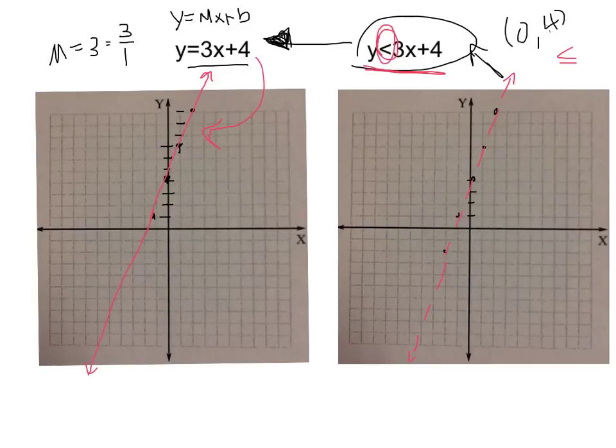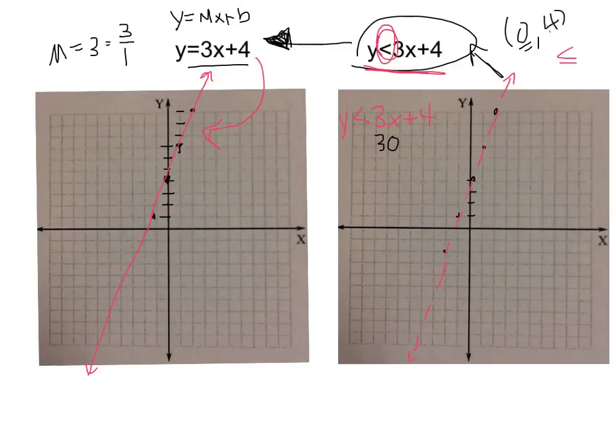So let's first of all choose this point (0, 4). It's on the line. Let's prove to ourselves why this line needs to be dashed and not a solid line. So if I put that information in, we have y is less than 3x plus 4. I am going to put 0 in for my x.